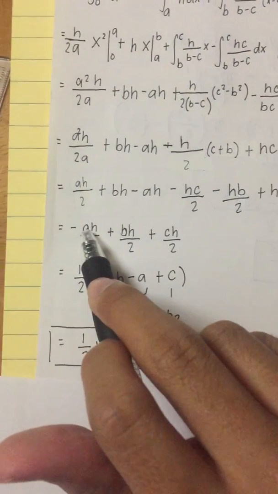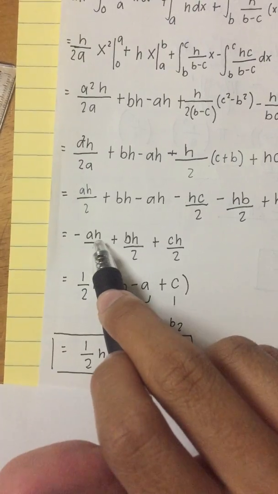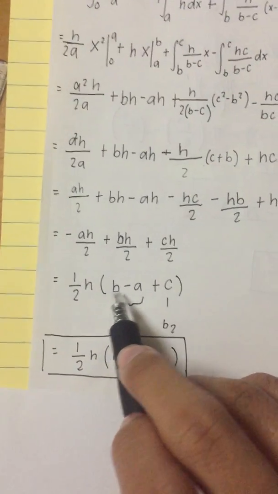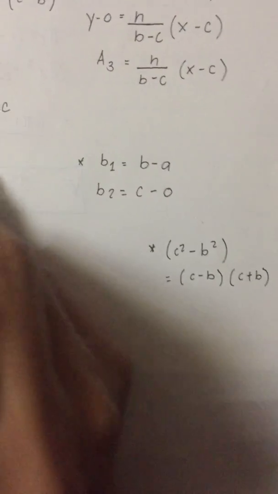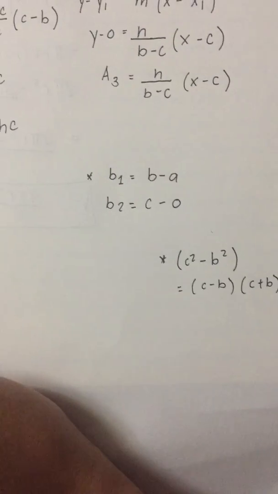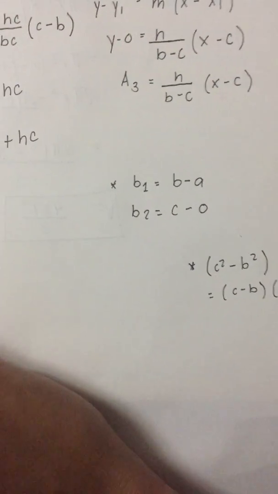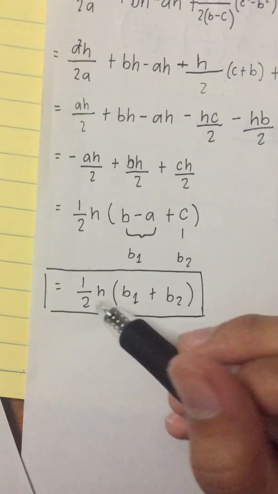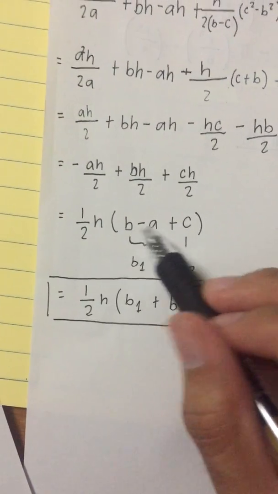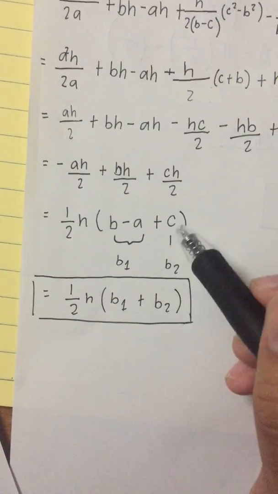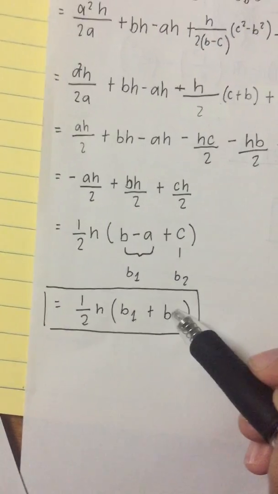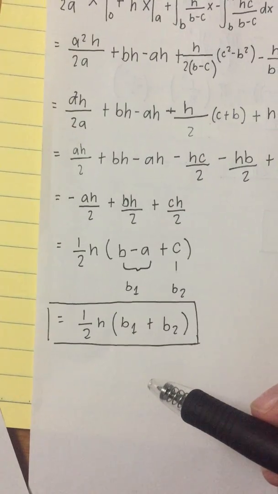Then we have the common factor, which is 1/2 and h, so we bring out 1/2 h times b minus a plus c. Then B1 is equal to b minus a, and B2 is equal to c minus 0, rather. So we get 1/2 h, where b minus a is B1 plus c, which is B2. So 1/2 h times B1 plus B2, which is the formula for the trapezoid.